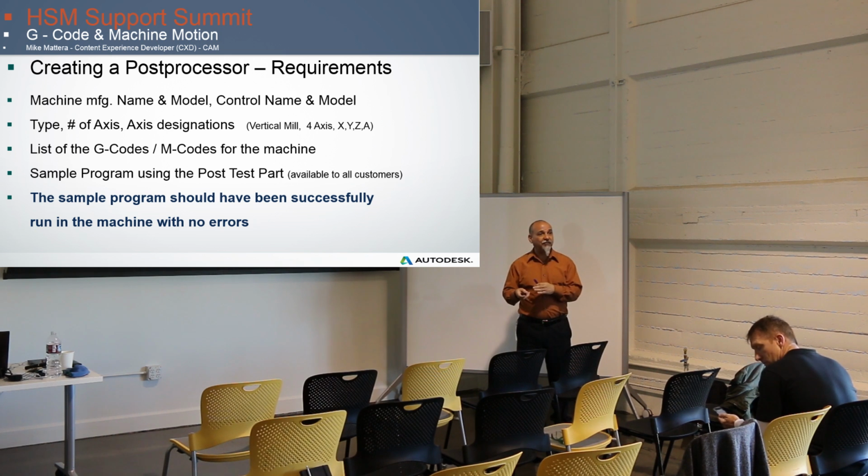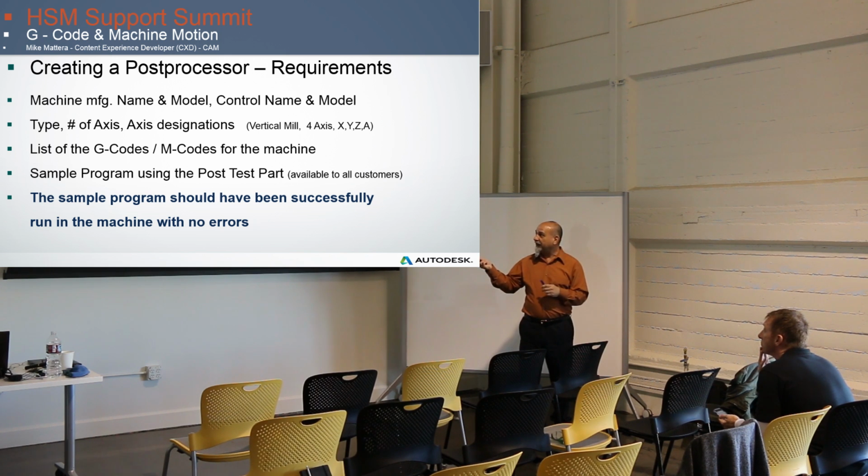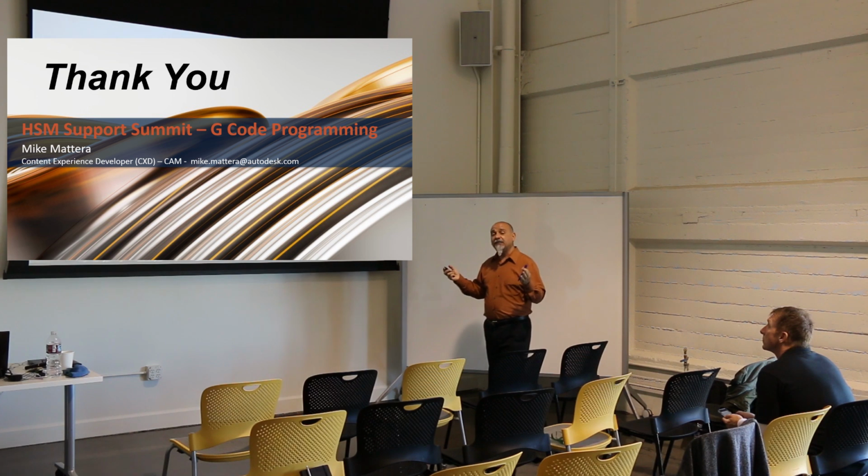And once he has that complete, and that program works in his machine, he needs to send us this information, along with which post he started with, and that sample program that works. And we should be able to make a post that takes that sample part and gives him that output that he needs. That's about it in a nutshell.